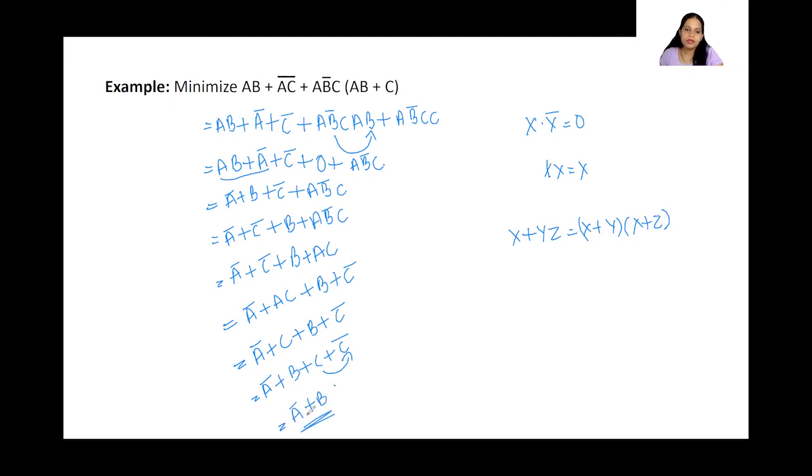Okay, so now if you are considering this entire thing as one variable x, plus any variable plus 1 is always 1, isn't it? So I am left with A bar plus B plus 1, which is nothing but 1. Okay, so this is how we simplify a given expression. Fine. So we saw already two expressions, how to simplify them, isn't it? So let's go ahead and see another example.